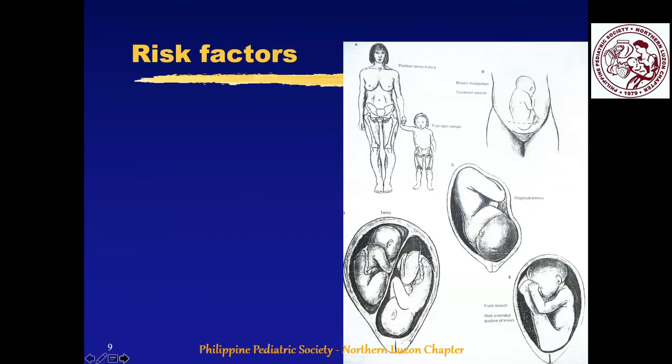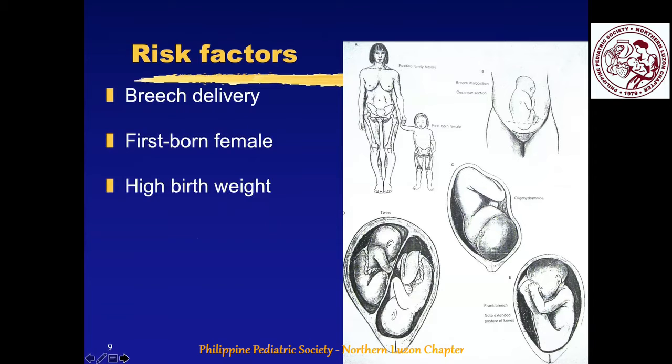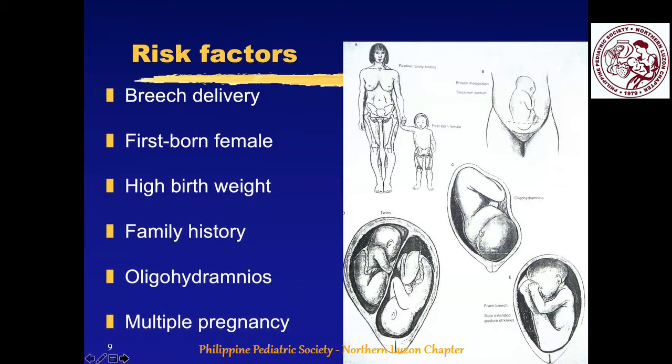There are several risk factors which have been identified as being predisposing to having DDH. This includes breech delivery, where the position of the foot is hyperflexed upwards, being a firstborn female, presence of a high birth weight, presence of family history of DDH, presence of oligohydramnios, and multiple pregnancies.